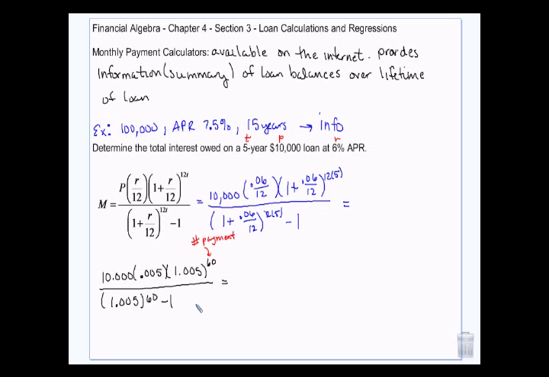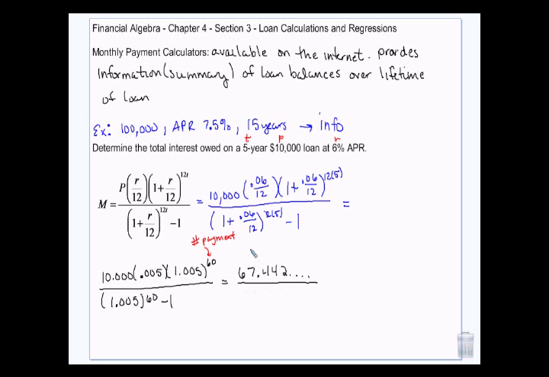So I take 1.005 and I raise it to the power of 60. And I get 1.348850 and more. I multiply that by 0.005, and then I multiply that by 10,000. And I get 67.442 and more.